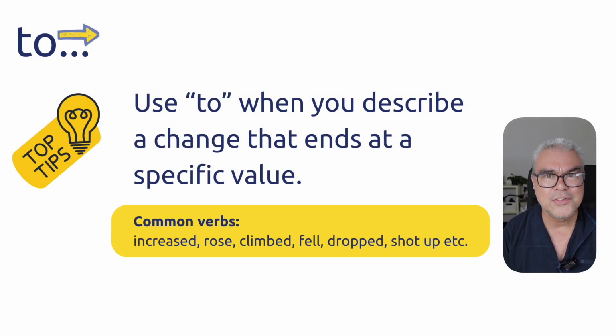So to is used when the value of the data point changes. Use to describe a data point that ends at a specific value. You can use to with most of the trend words: increased, fell, plunged, rose, shot up, and all of those verbs that describe trends up and trends down.